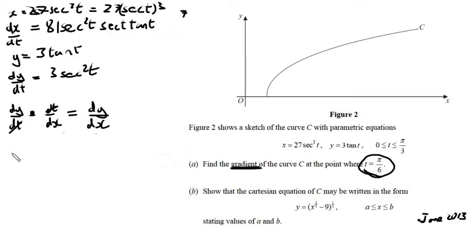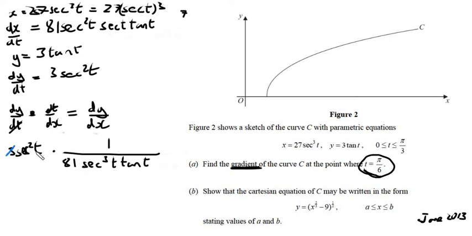So that's going to be 3 sec squared t times 1 all over 81 sec cubed t tan t. A few things can cancel here.